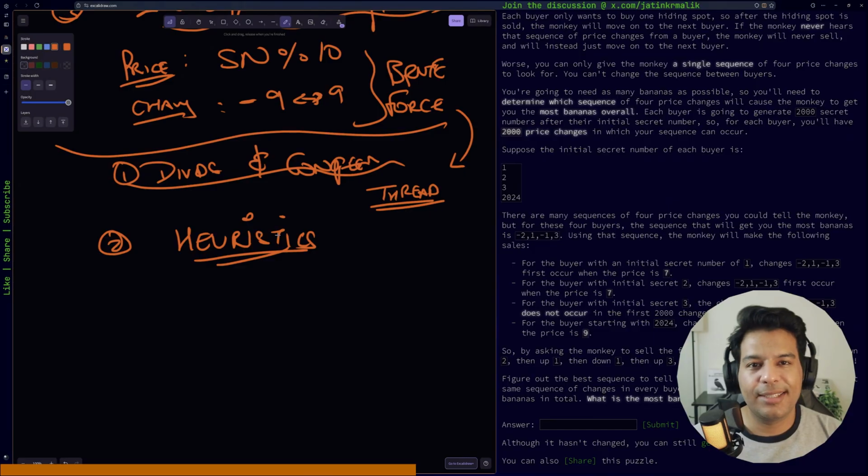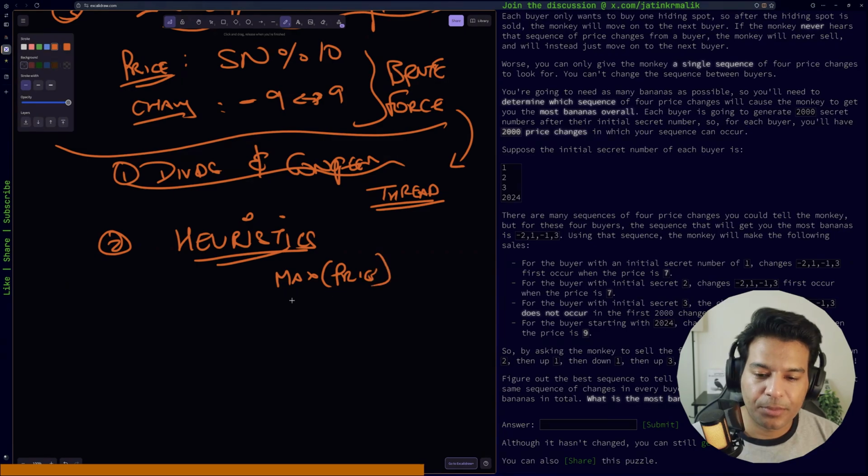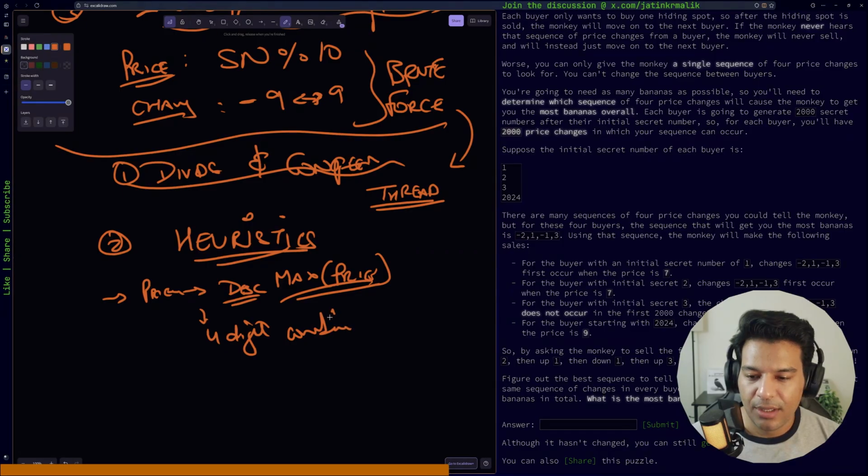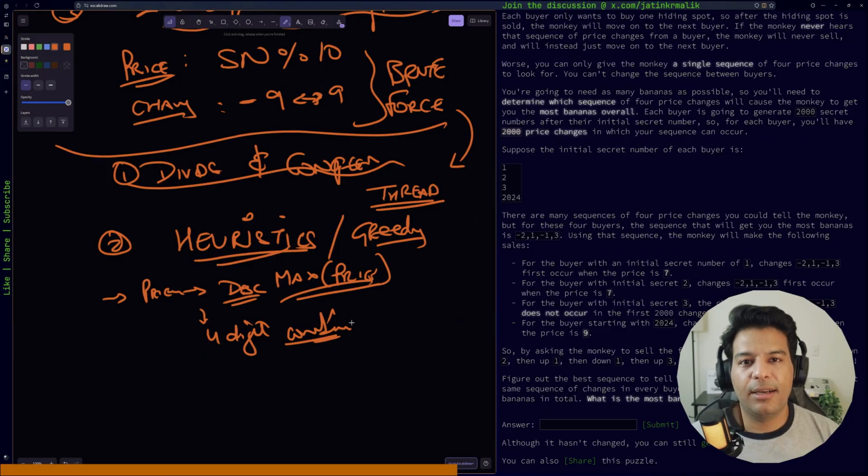Since we have to maximize our profit, can we maintain the prices for each buyer in descending order, and when we are building our 4-digit combination, take a greedy approach where we find the highest price for buyer 1 and take its position, say position i, so i, i-1, i-2, and i-3, take that sequence and then run through all of that.